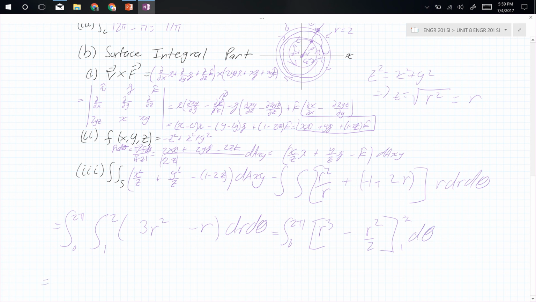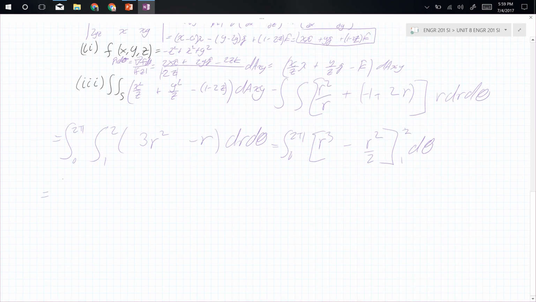This would equal 2 cubed minus 1 cubed, minus 1/2 of 2 squared minus 1 squared, d theta, which would equal 7 minus, 4 minus 1 over 2, so it would be 3 over 2, d theta.